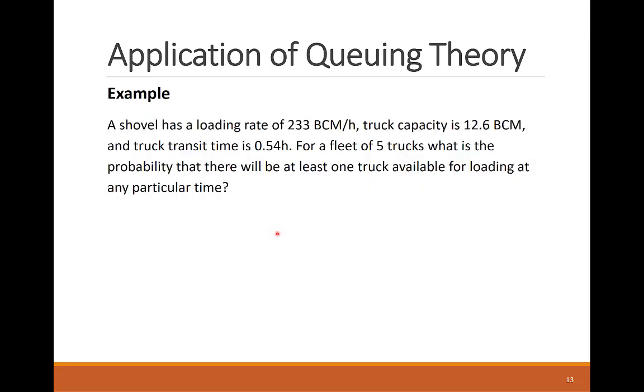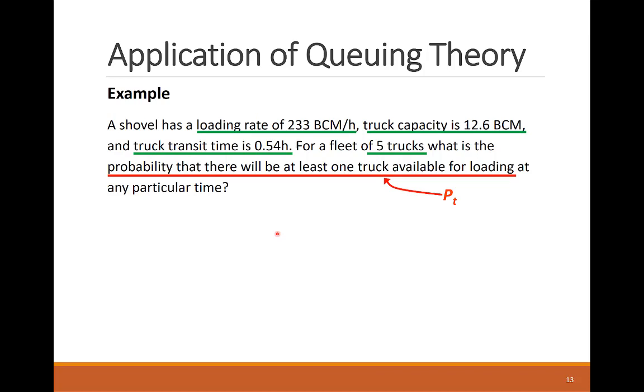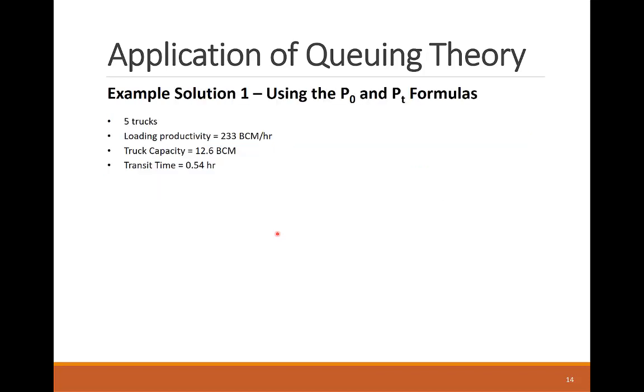Let's see an example of the queuing theory application. In this example, we are given the loading rate, truck capacity, truck transit time, and the number of trucks. We need to calculate the PT value. We will solve this example using the formula approach.